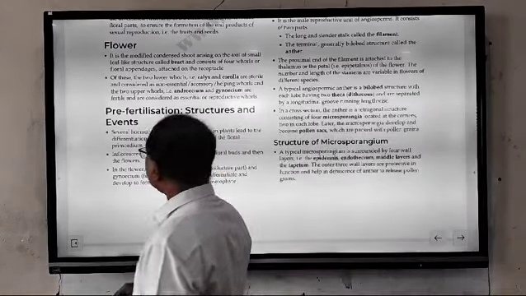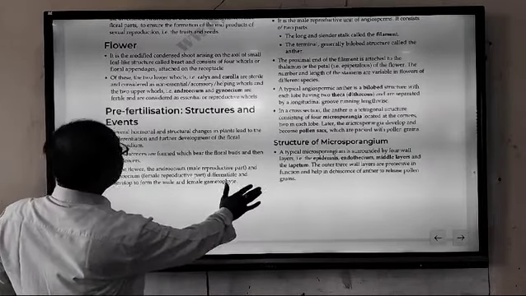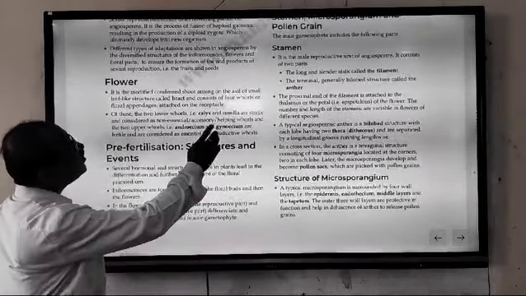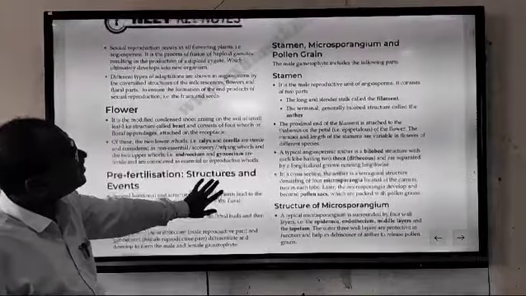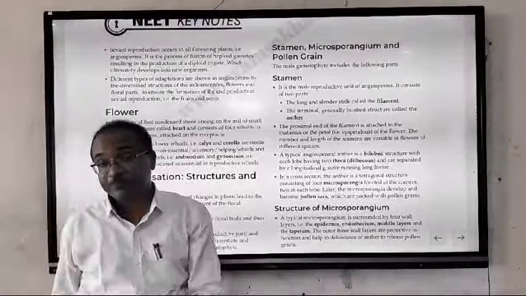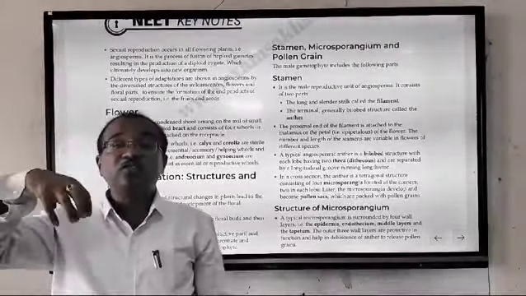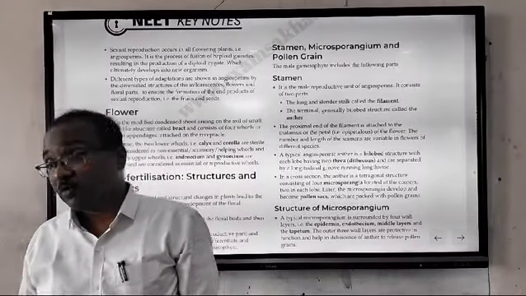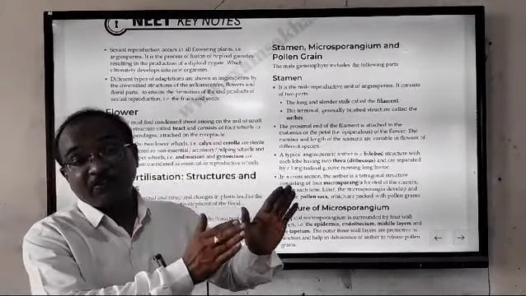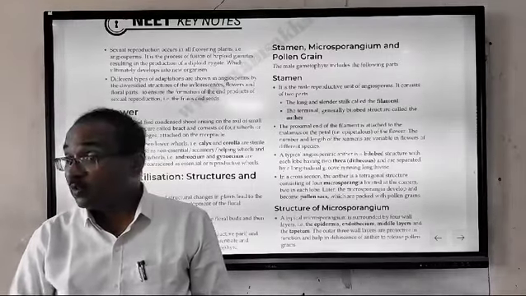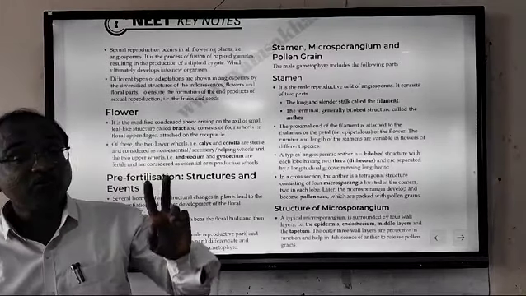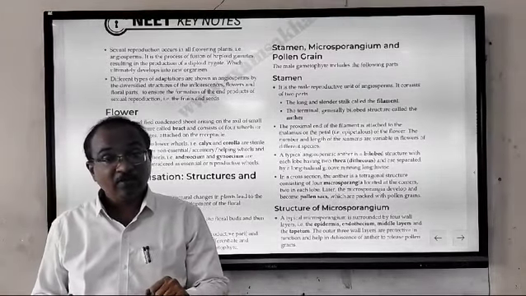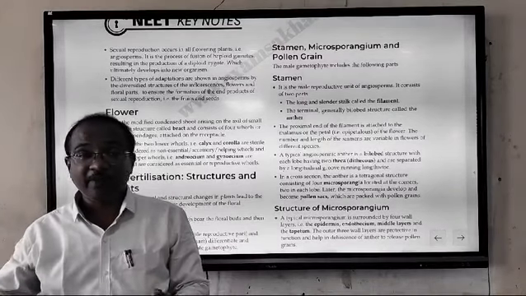Okay. So firstly, we will discuss the male reproductive part, which is called the stamen or the androecium. What does androecium represent? As you studied in the pteridophytes, heterospory is there. Heterospory means two types of spores are produced: microspore and megaspore.